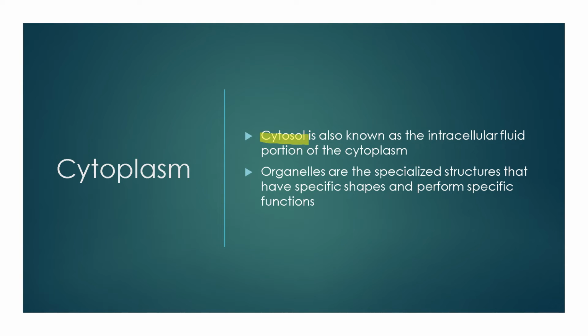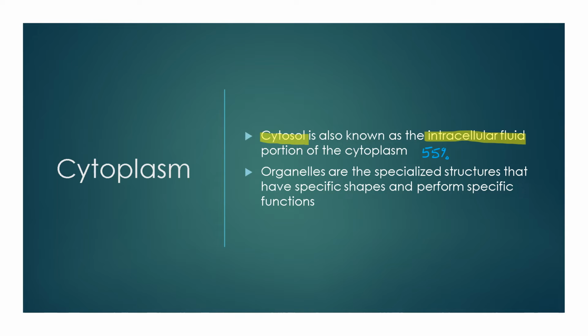The cytosol, also known as the intracellular fluid, is the fluid portion of the cytoplasm that surrounds the organelles, and the cytosol makes up about 55% of the total cell volume.